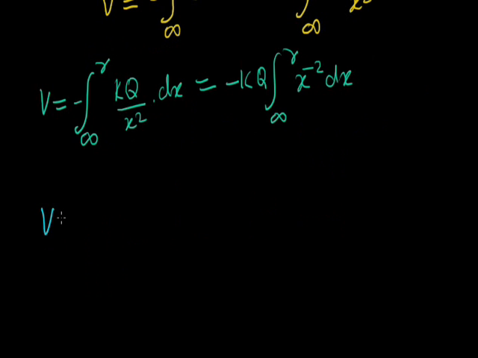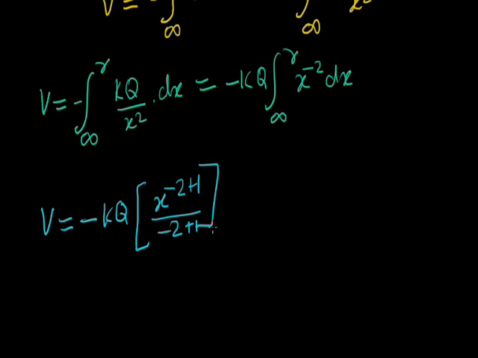So V will come equal to minus KQ, my apologies, minus KQ multiplied by x to the power n plus 1 upon n plus 1. So x raised to the power minus 2 plus 1 upon minus 2 plus 1, with the limit infinity to r.